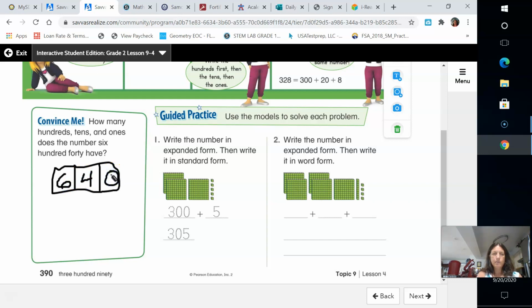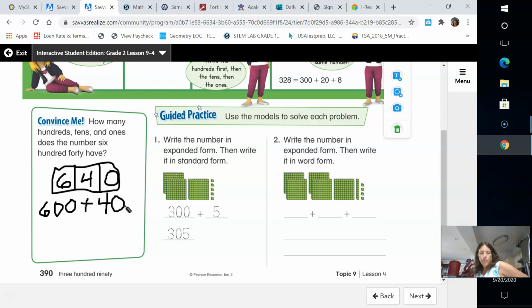No, it does not. It has 6 hundreds, 4 tens, 0 ones. To write this in expanded form, we would write 600 plus 40, because there are no ones. That's all you need to write.